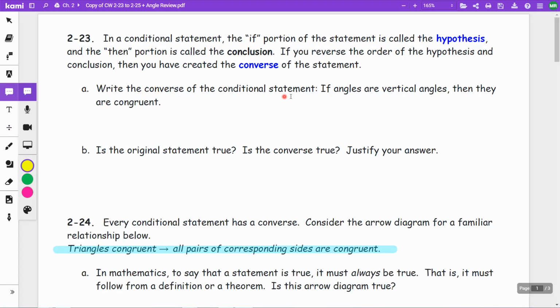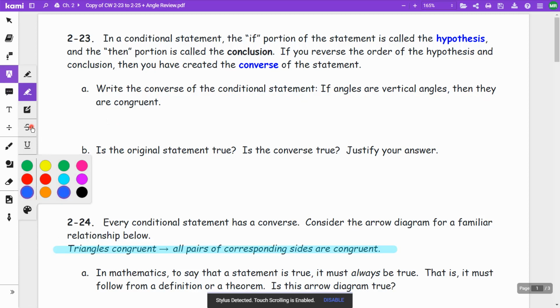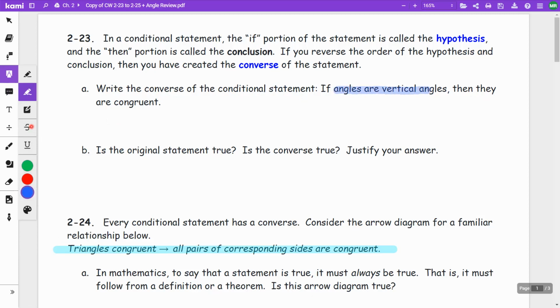Write the converse of the conditional statement. If angles are vertical, then they are congruent. Okay, so our if part here, if angles are vertical, then they are congruent.